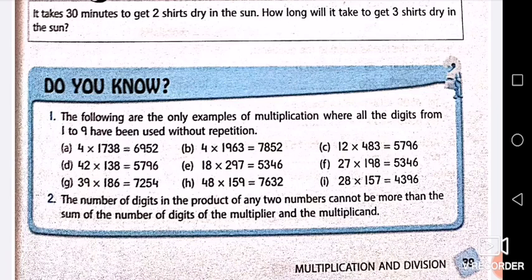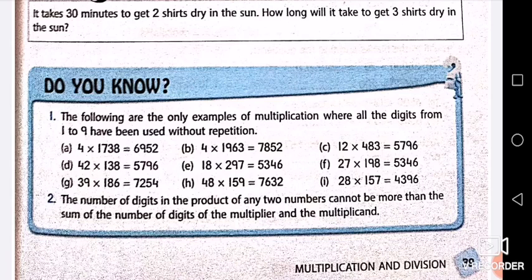Now, the second point: the number of digits in the product of any two numbers cannot be more than the sum of the number of digits of the multiplier and the multiplicand.